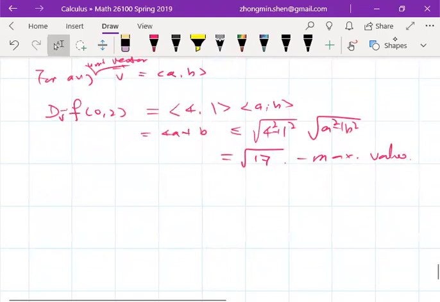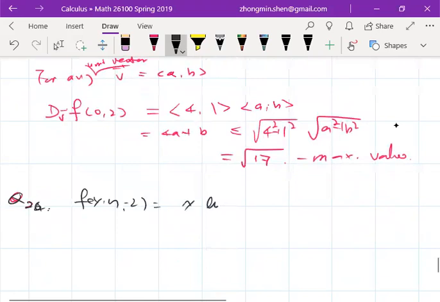Now all the arguments are also true for functions of more than two variables, 3 variables or 4 variables. Here's problem number 26. Let's look at number 26. I want to do number 24 first. The function f(x, y, z) is going to be x natural log of yz.